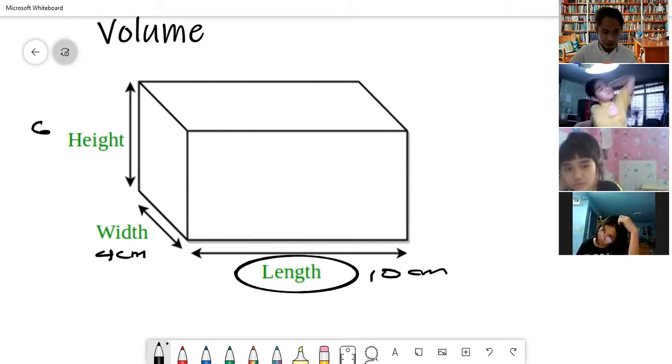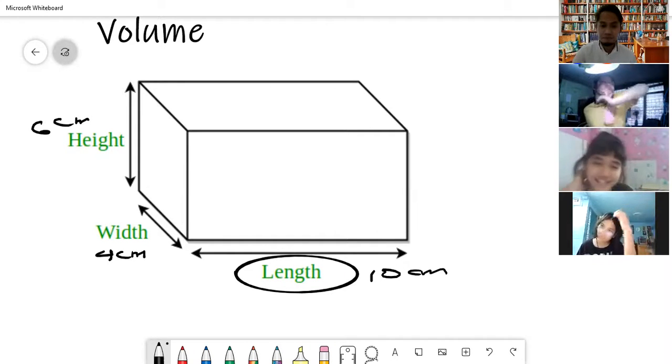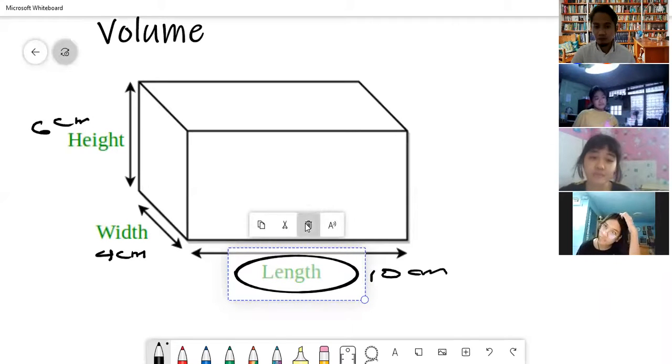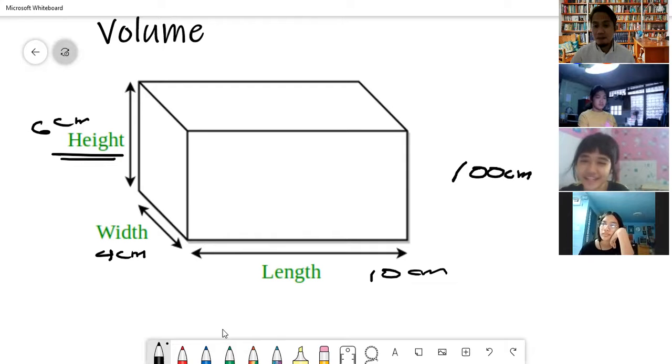And the height is 6 centimeters. Can I ask Natanitsa, what is your height? My height? Yes. 146.